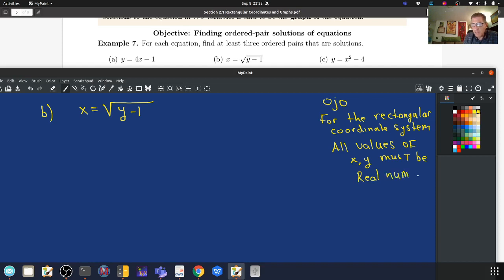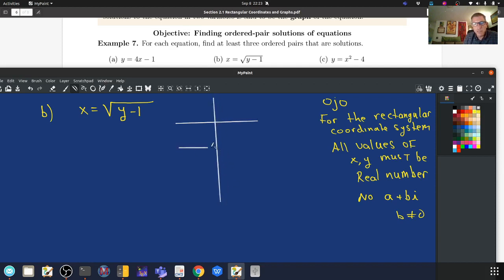That means no complex numbers at all. No a plus bi where b is not equal to 0. None of that. These are all going to be real numbers. So that observation right here already kind of restricts some of the numbers that I can plug in for y.